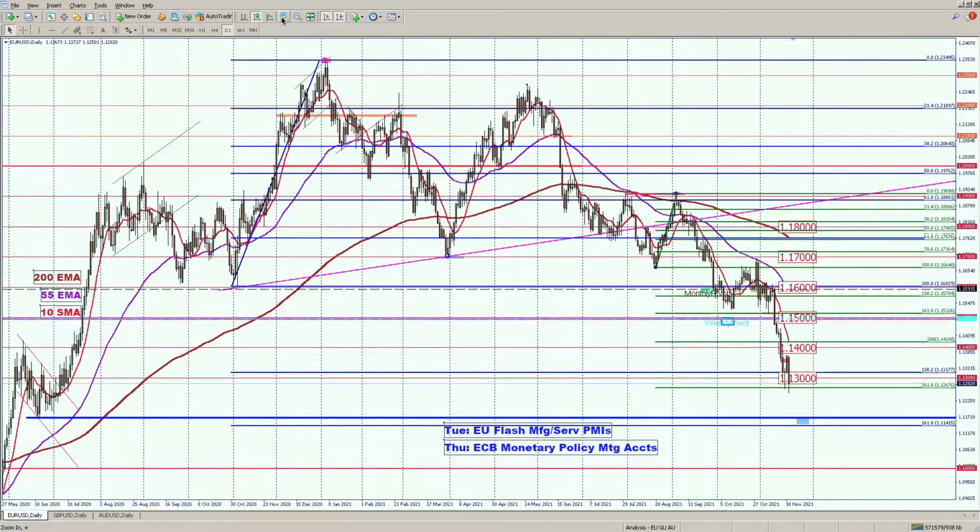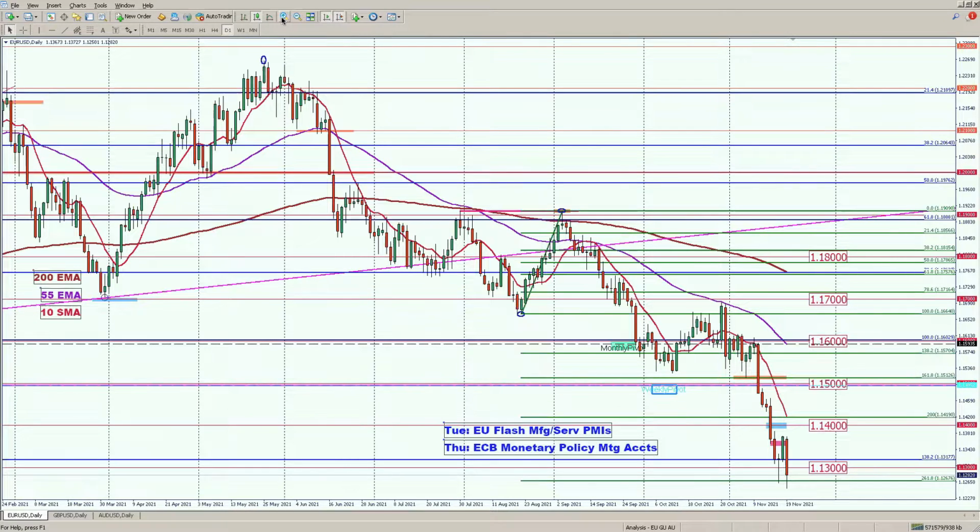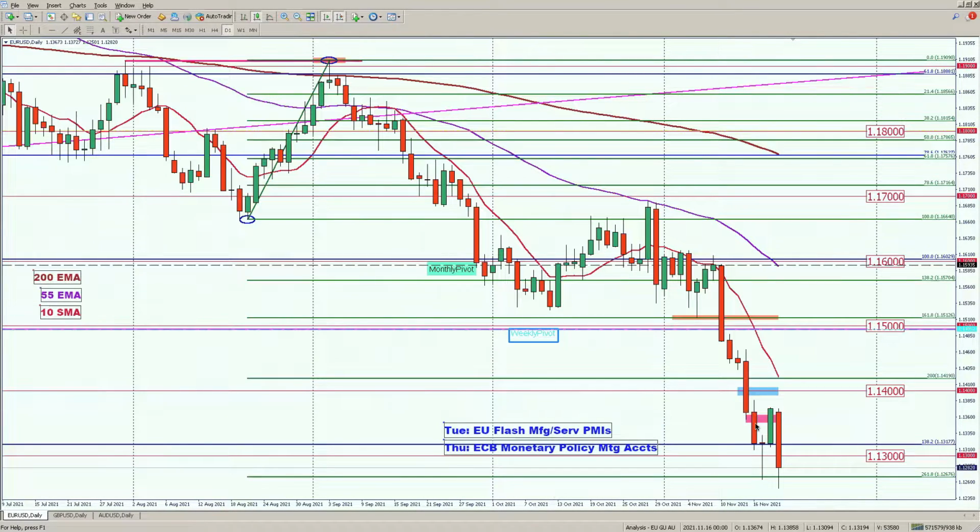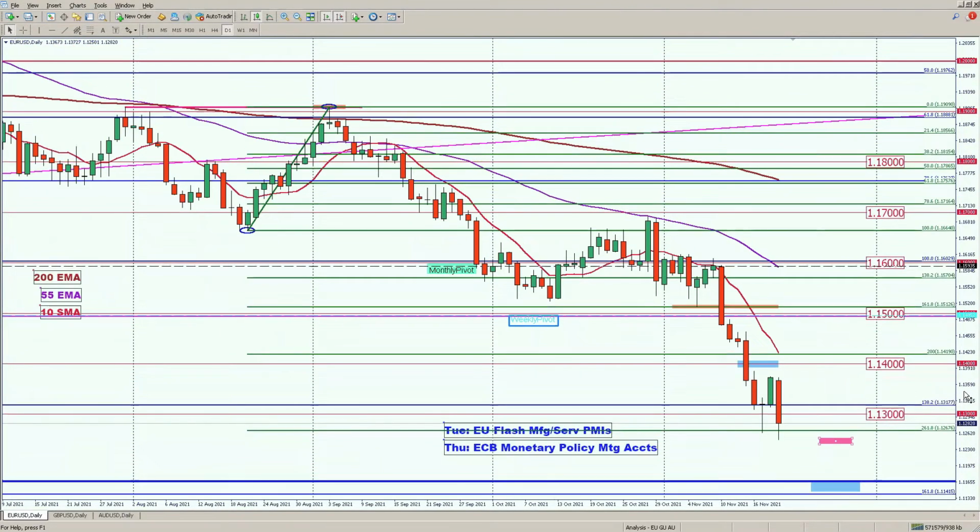Zone here, okay. So it did punch through this intermediate level. Let's remove this for now. And this 114 is going to be a resistance zone.